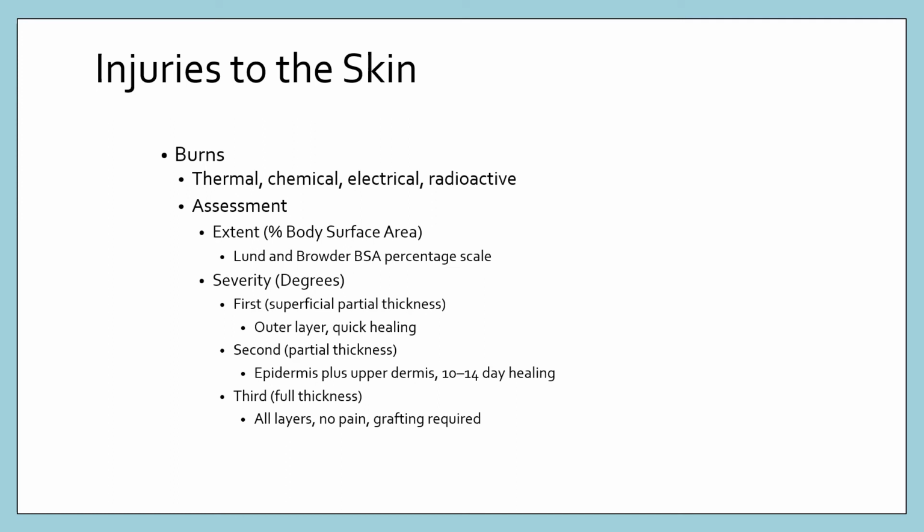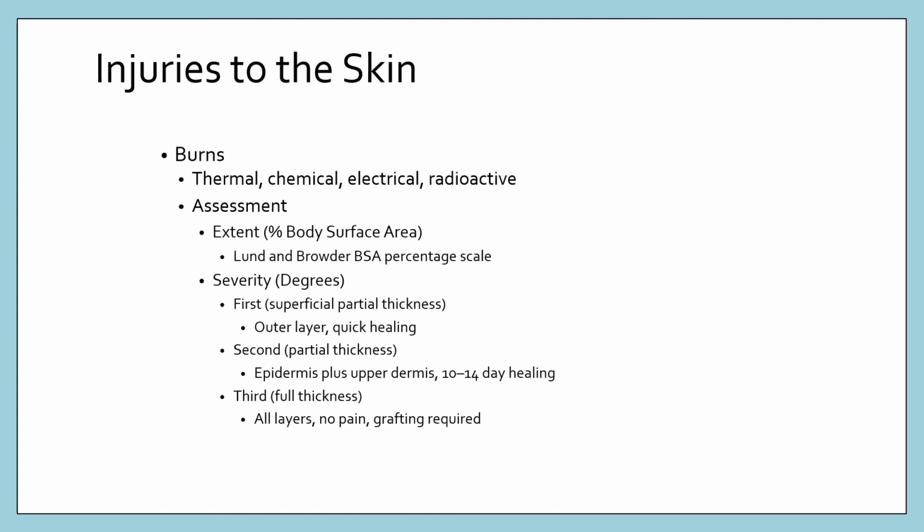Thermal refers to touching something too hot. Chemical would refer to touching something like lye, for example, which can chemically burn the skin, or an acid. And then kids get electrical burns once in a while. It's common if they, say, chew through an electrical cable, which kids will do sometimes at that age of exploring.